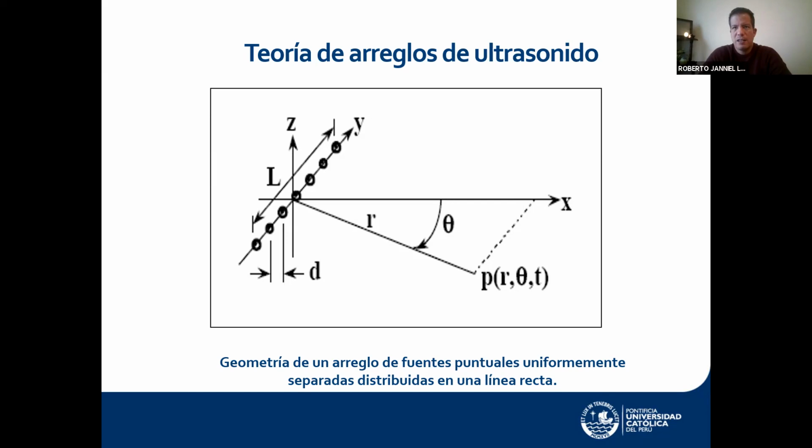An array, like the name would imply, consists of a collection of sources, right? Which I'm marking in red in here, so on and so forth. And in this particular case, these sources are arranged in a line at a uniform spacing in between the elements.